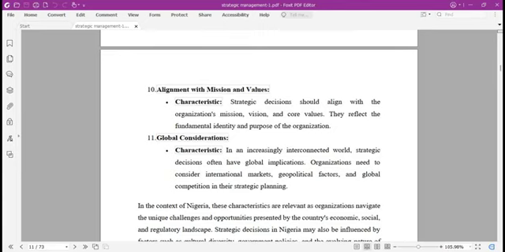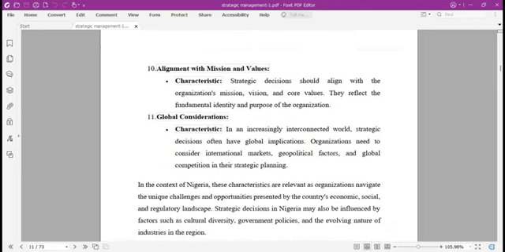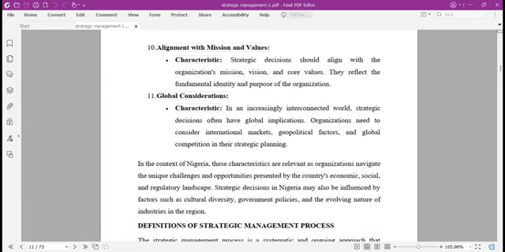Organizations need to navigate the unique challenges and opportunities presented by the country's socio-economic and regulatory factors. As such, decisions made in such a country, Nigeria for instance, may be influenced by these factors: the culture, the cultural diversity, the language, the type of food, the mode of dressing.